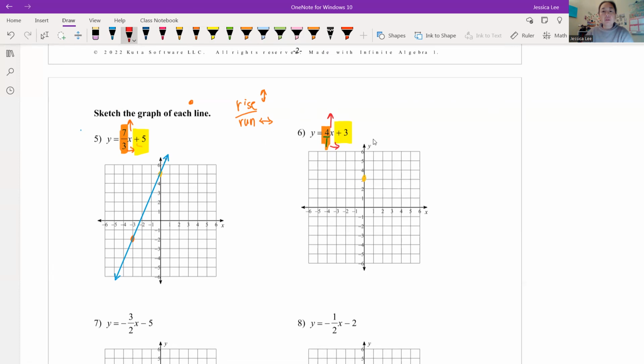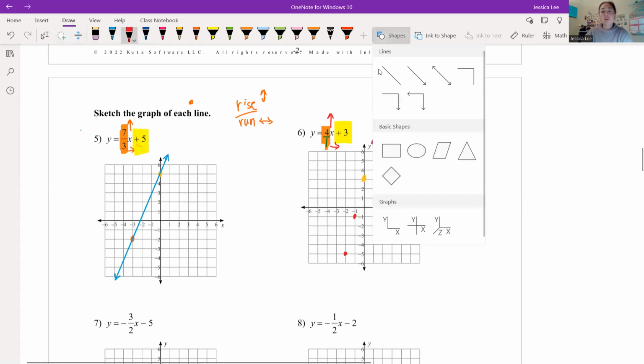Ooh, I can't go up 4. Let's do the exact opposite and actually stay on this coordinate plane. So we're going to go down 4 and then to the left 1. Okay, down 4: 1, 2, 3, 4, and then to the left. So see, it's going to make that line just like this. It is a very steep slope.